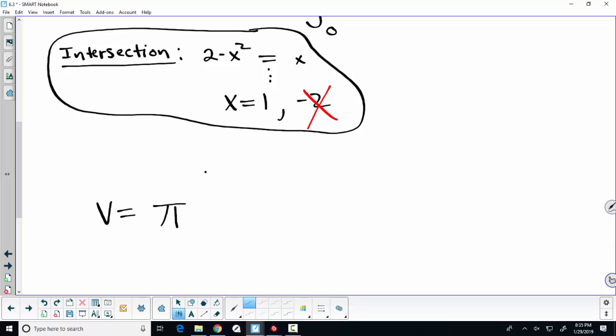We'll have pi integral from 0 to 1. Is that right? Okay, yeah, 2 pi, because we're going to double that region from 0 to 1.